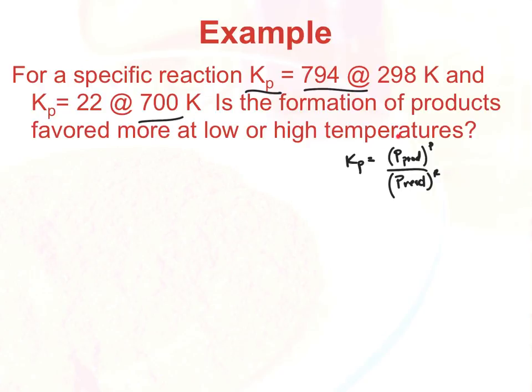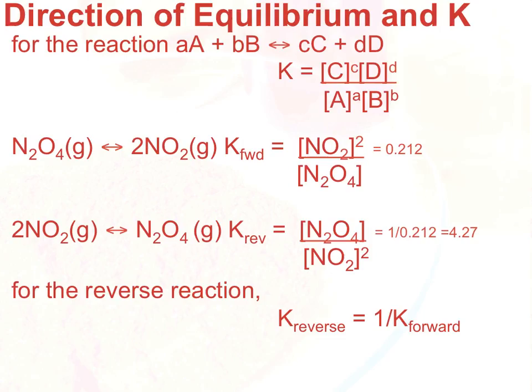Since Kp is equal to products over reactants, the larger your Kp value, the more products you're going to have, and the fewer reactants you'll have. So in this particular case, at lower temperatures, your products are going to be greater than your reactants.